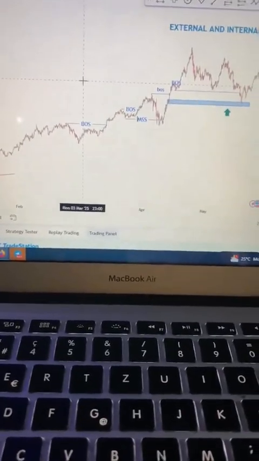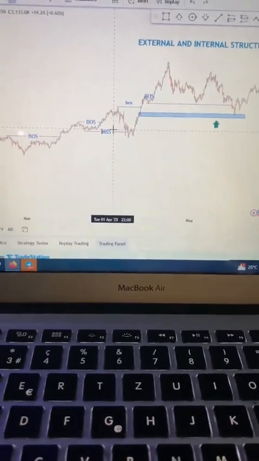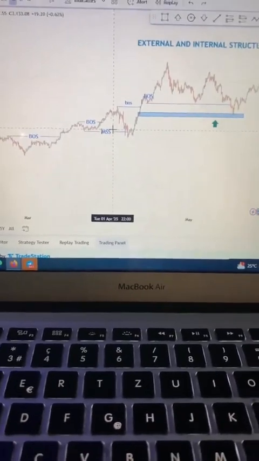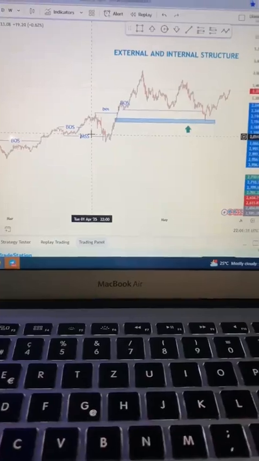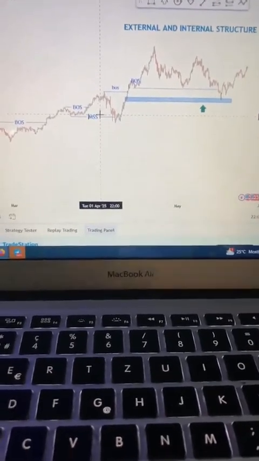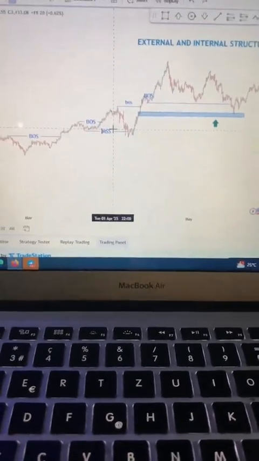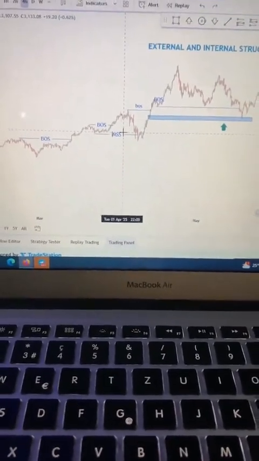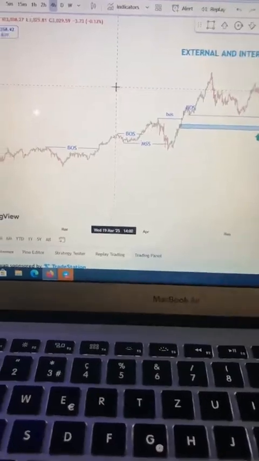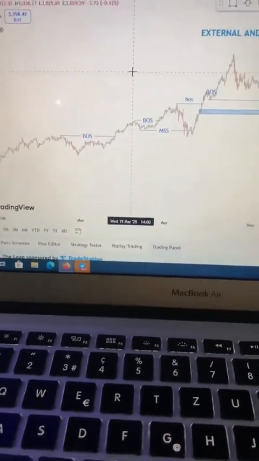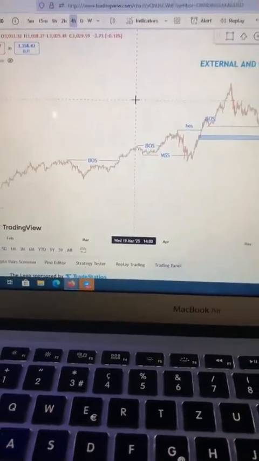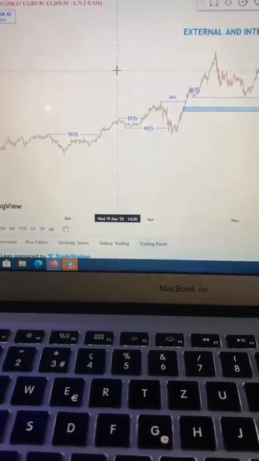I said external structure refers to the major swing highs and lows that define the overall market trend on higher time frame. The higher time frame is very important, not the lower time frame, the higher time frame.